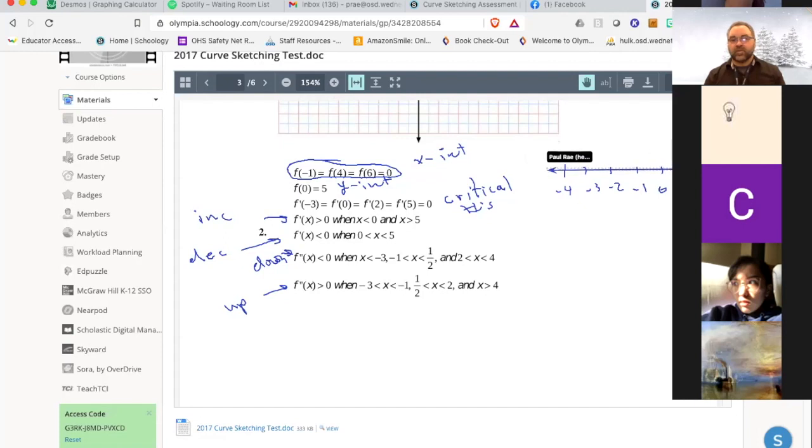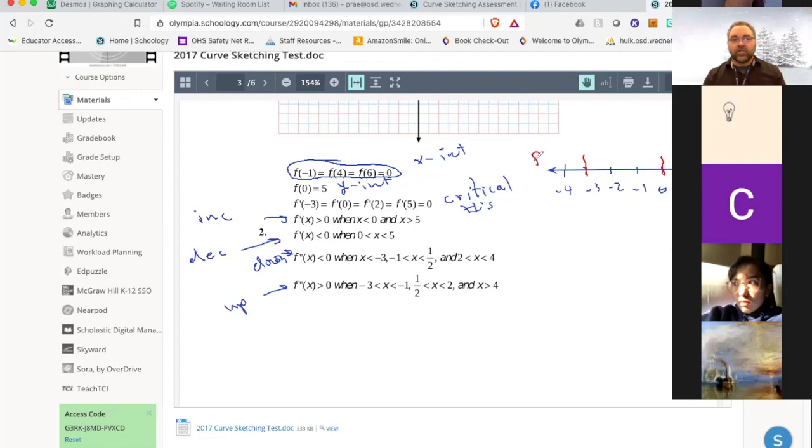There we go. And let's mark off those critical numbers. Let's see, -3 was a critical number. 0 was a critical number. 2 was a critical number. And 5 is a critical number.